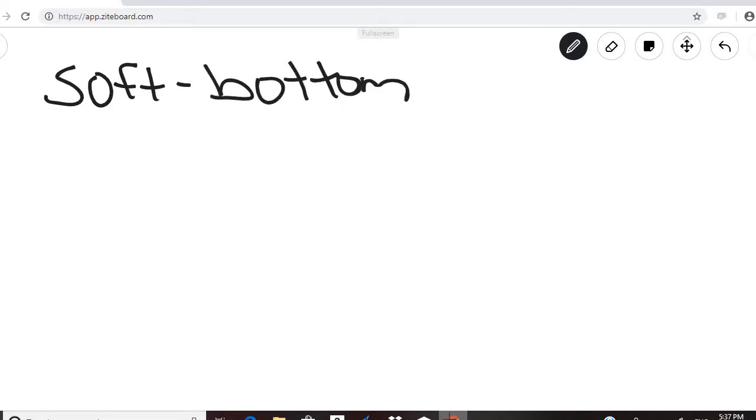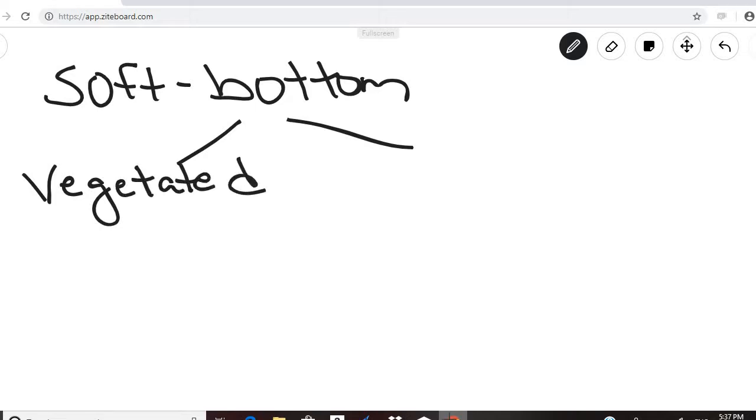In terms of the habitats within the continental shelf, we are going to talk about soft bottom communities, and for the soft bottom, we will talk about those that are vegetated and those that are non-vegetated.